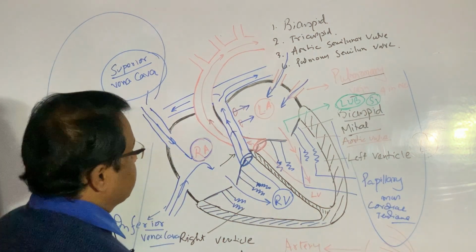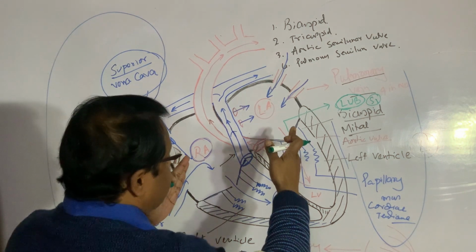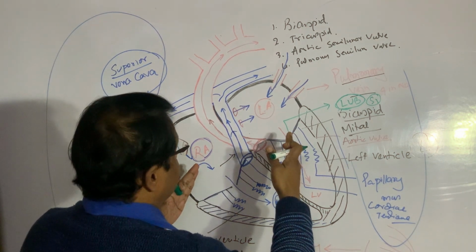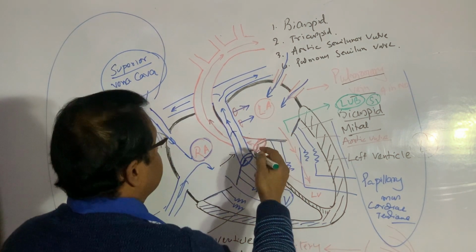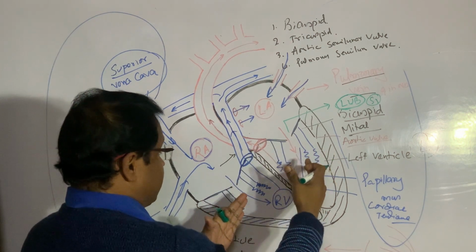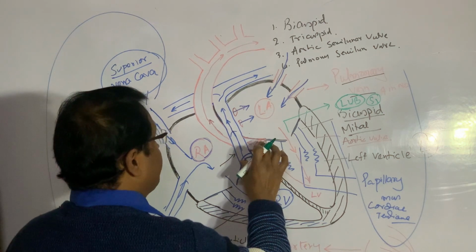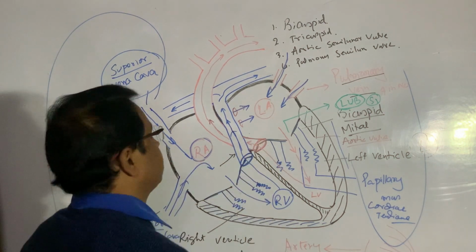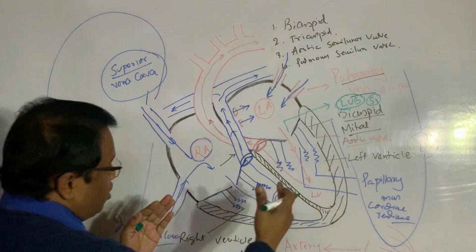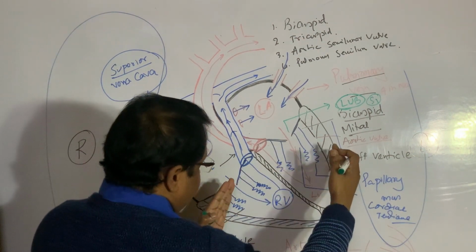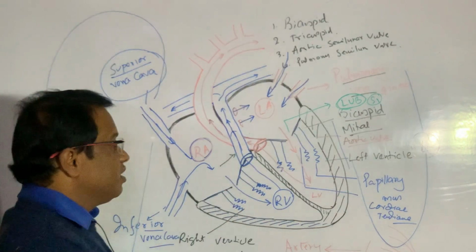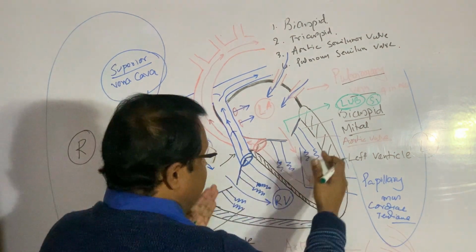When the bicuspid and tricuspid valves close, intraventricular pressure rises and the two semilunar valves, the aortic valve and pulmonary valve, open. After contraction is over, the ventricles start relaxing.